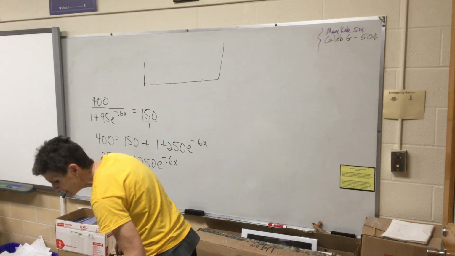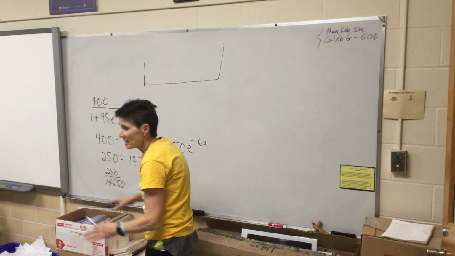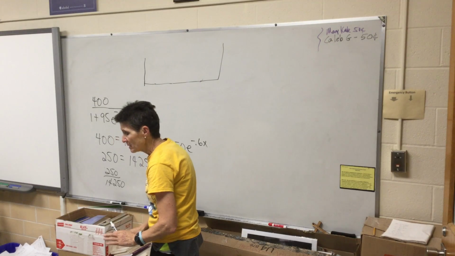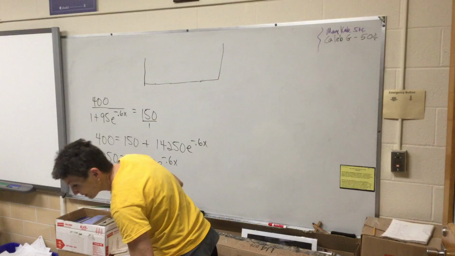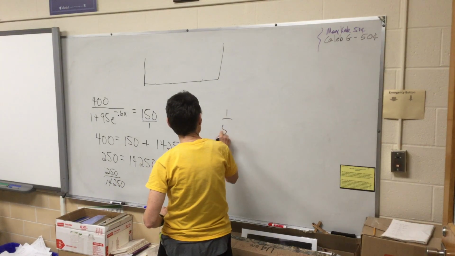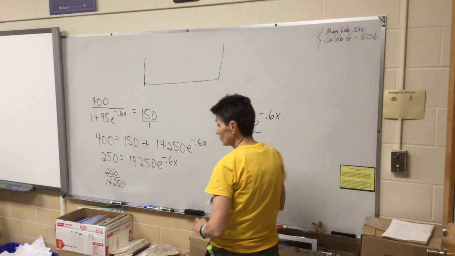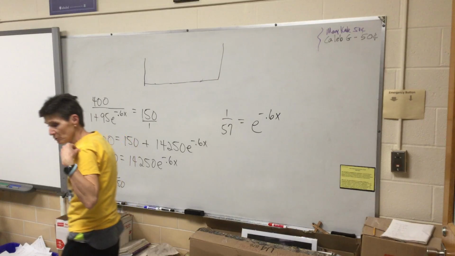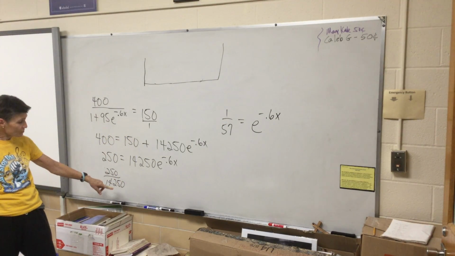Now, there is nothing wrong with leaving it unreduced, except it's more numbers to type in. If you want to reduce it, go ahead, and I think it came out to be 1 over 57. Is that what you got? And that's a little bit easier number to work with than 250 over 14,250.